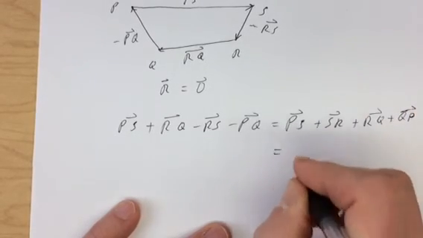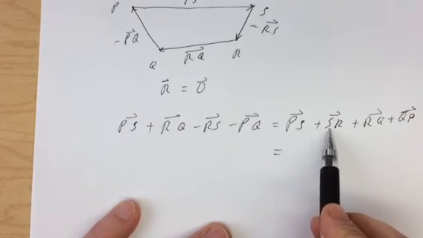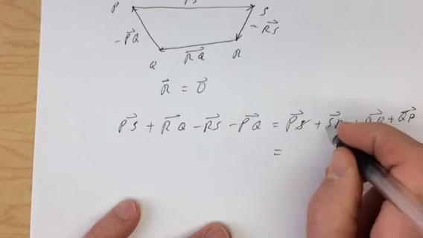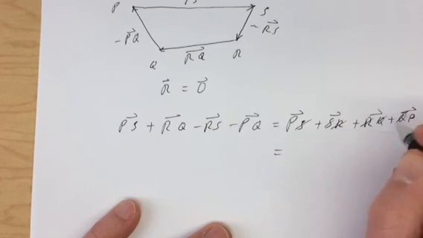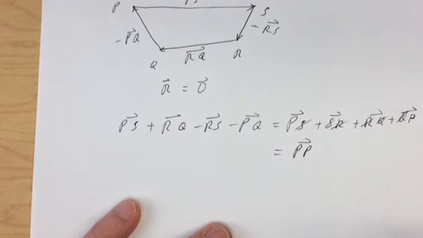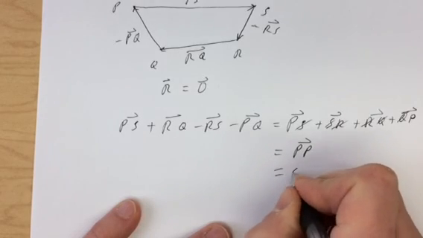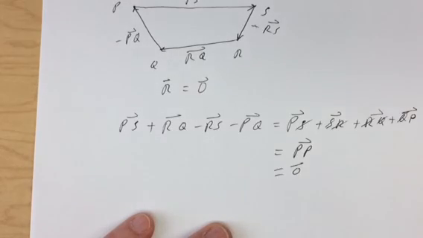Okay. In this way, they always end and begin with the same letter, so I can cancel them out. Cancel out the S's, cancel out the R's, cancel out the Q's, and I have vector P, P. And from point P to point P, you haven't moved, so that is equivalent to the 0 vector. And that's number 5 from page 291.